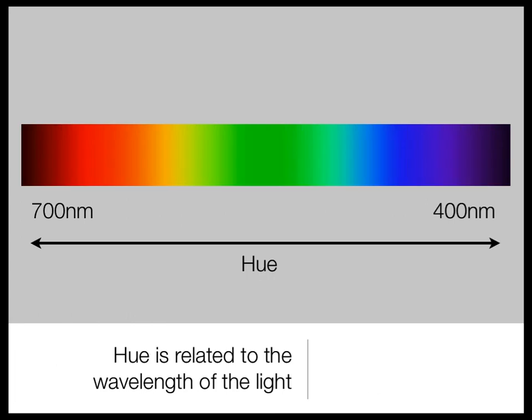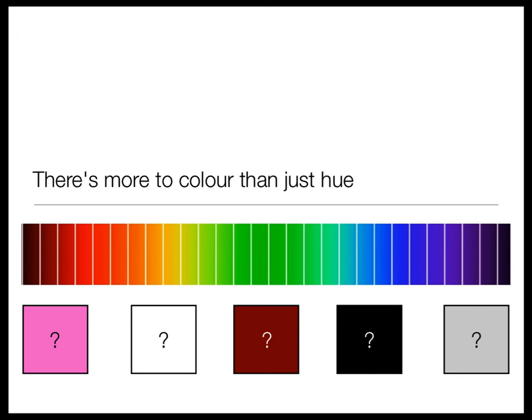So the position in the rainbow scale, as we call it, is the hue of the color. Now, there's more going on than just hue. If you look at the rainbow, there's no white and there's no black, for example. There's no brown.